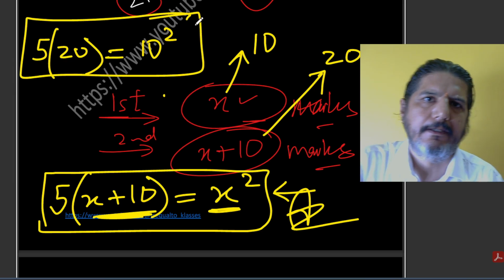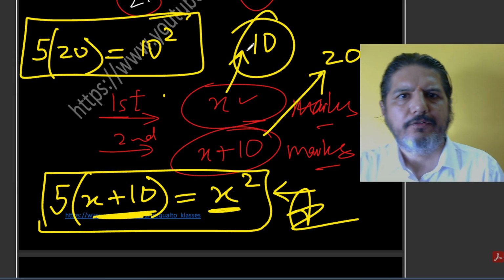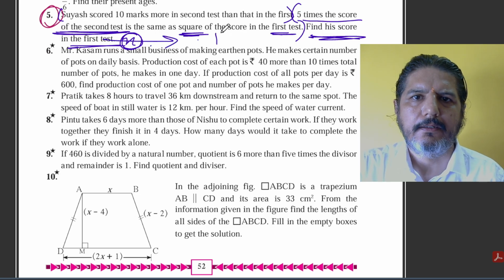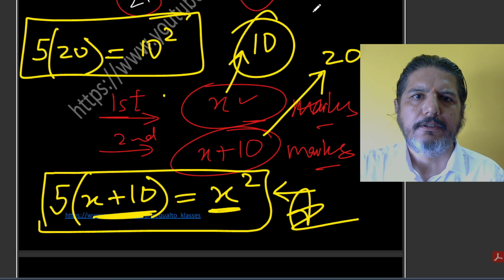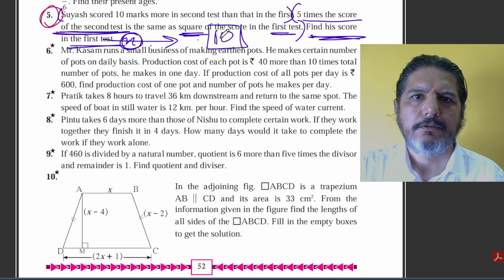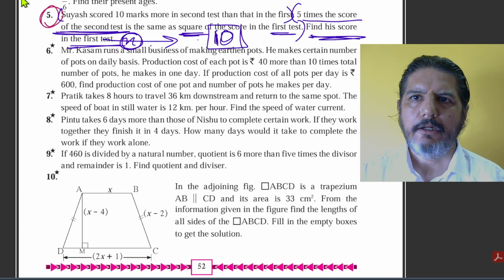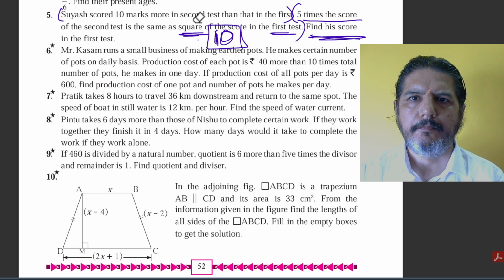Of course it is satisfying, so our answer is correct. X is equal to 10. What are they asking? Find the score in the first test. So this will be 10. I hope this is making sense. So he scored 10 marks in the first test. And now let's go to the next question.